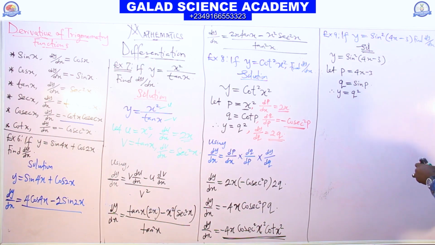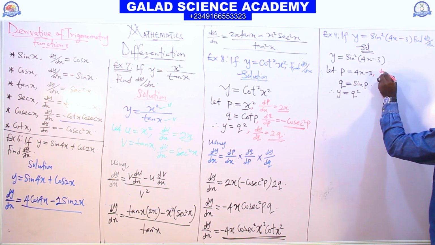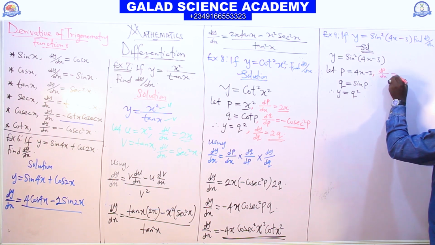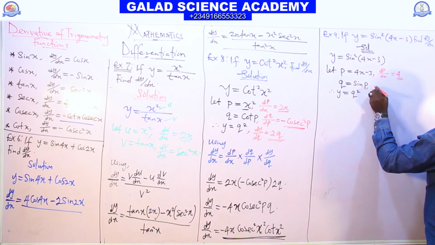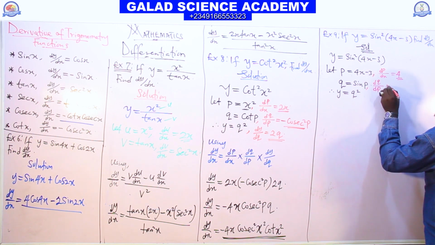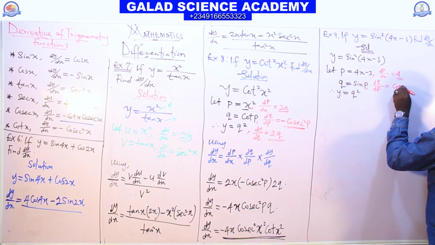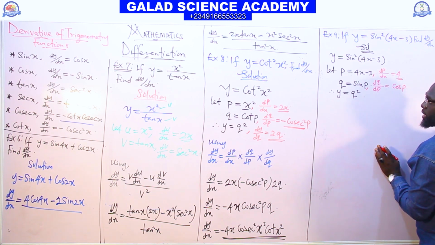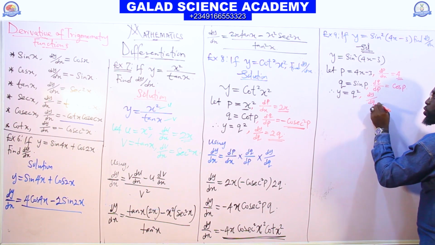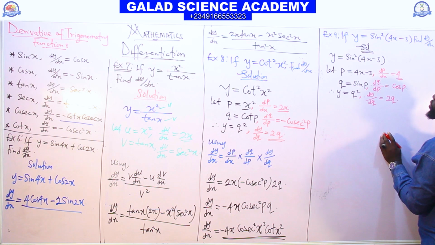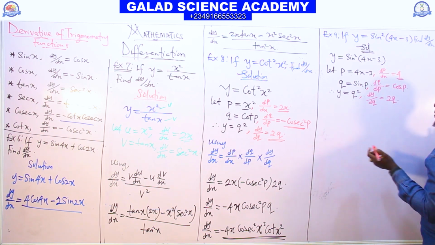By doing this, the next thing you do is differentiate. dP dx will give you 4. Then dQ dP, the derivative of sine is cos P. Then dy dQ will give you 2Q. Combine the three together. That will be our final answer.